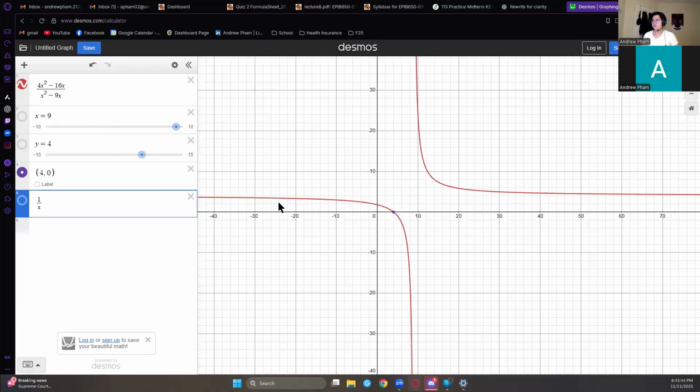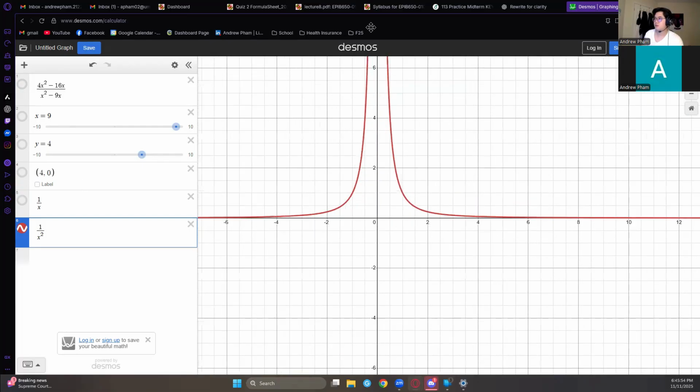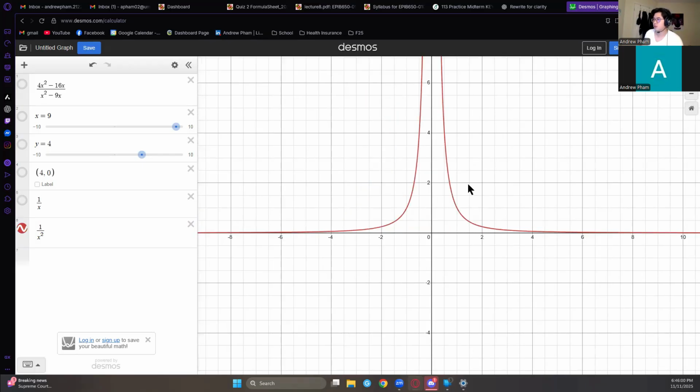You see how similar it looks. Or if your graph is symmetric about the y-axis, you're going to have this shape right here. So f of x is equal to f of minus x. Okay, good.